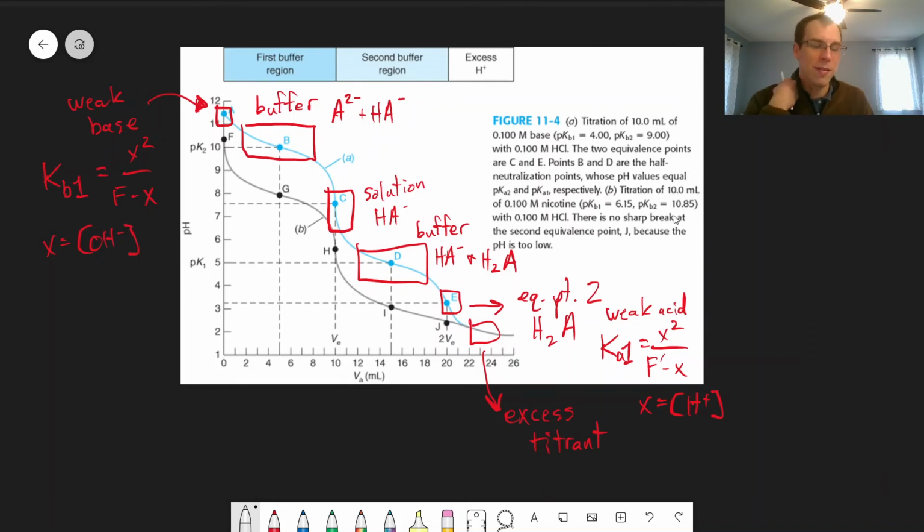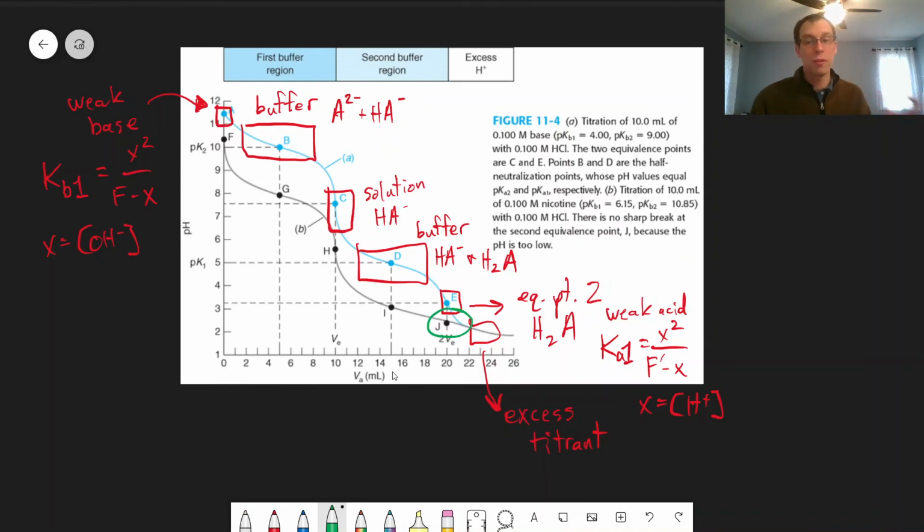The second pKb value is quite large, meaning that it's a very weak base at the second equivalence point. And what you see here is that where we should see this pretty sharp change in pH, here it's much clearer. We get a good change in pH on the first equivalence point, but the second equivalence point, let me just circle it in green here, we don't see a sharp equivalence point here.